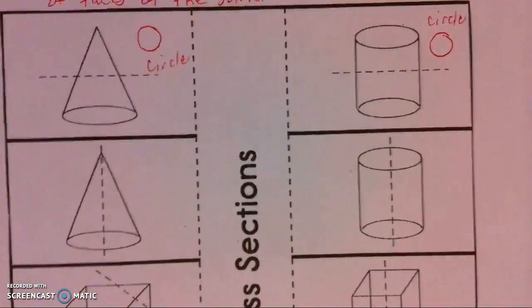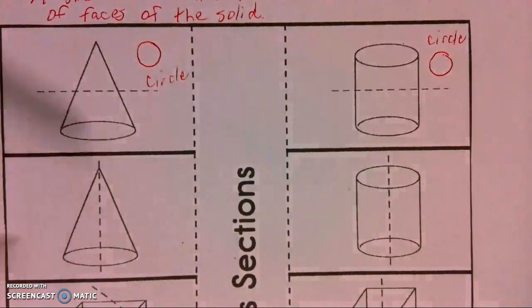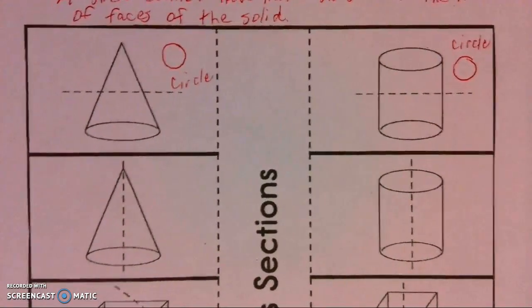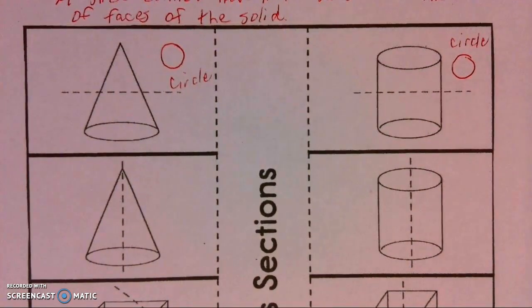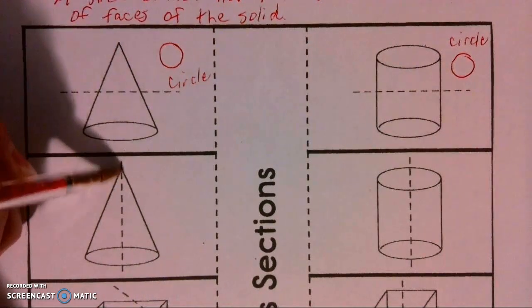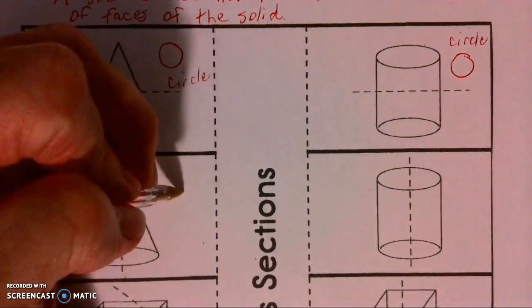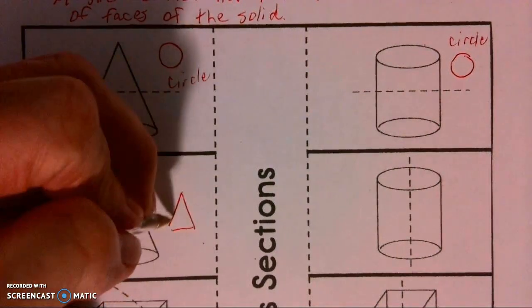because it's parallel to the base. Now look at the next two examples. Notice this time my slice is perpendicular to the base. So when it's perpendicular to the base, then your two-dimensional shape is going to be the side. When I look at a cone, and just imagine I split this cone and then open it up and look at the shape, that shape is going to be a triangle.